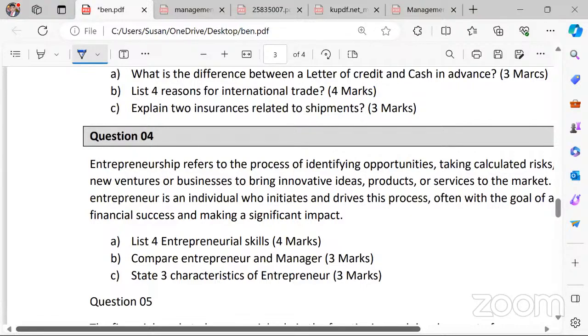The manager is managing the business and getting a salary. That is his benefit. The entrepreneur's benefit is profit, the manager's benefit is salary. Entrepreneur is the owner, manager is an employee.